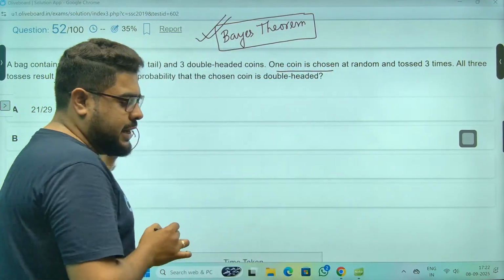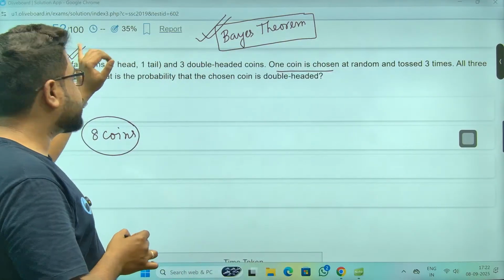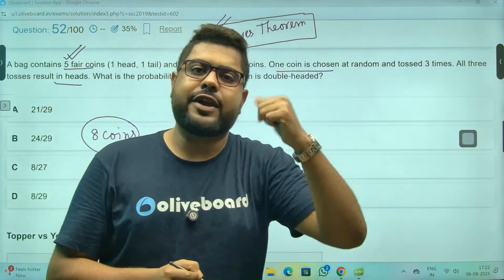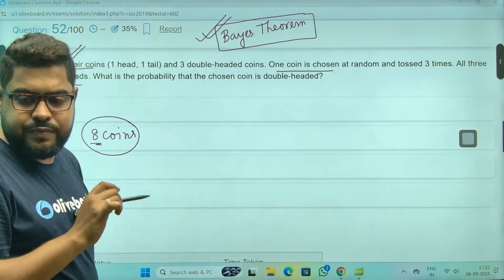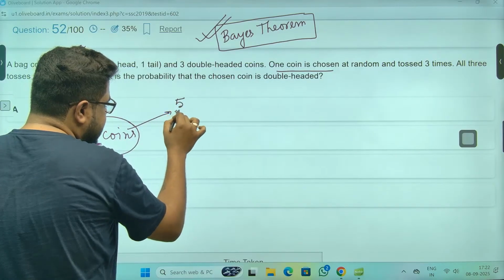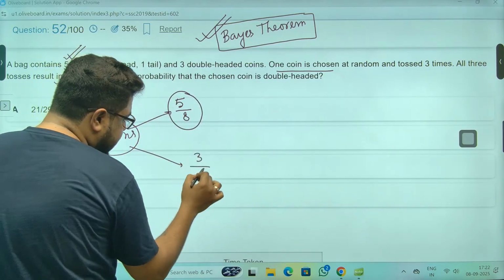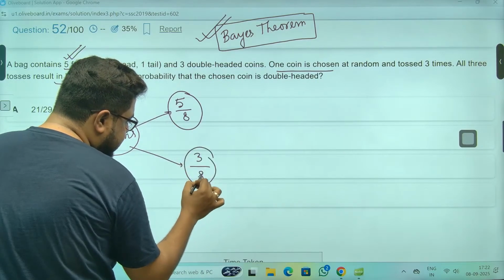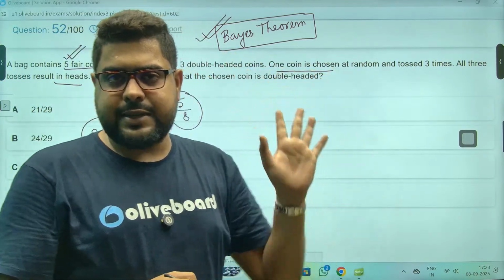What is the probability that I will choose one of the fair coins? Out of these 8 coins, 5 are fair, so 5 out of 8 times I will choose the fair coin, and 3 out of 8 times I will choose the double-headed coin, meaning both sides are heads. This much is clear.